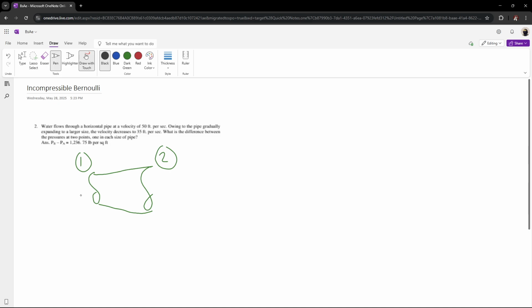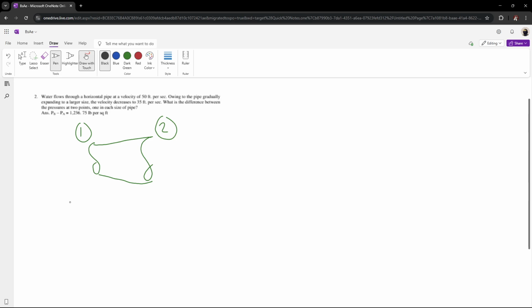And our given, we have V1, which is 50 foot per second. V2 is equal to 35 foot per second.